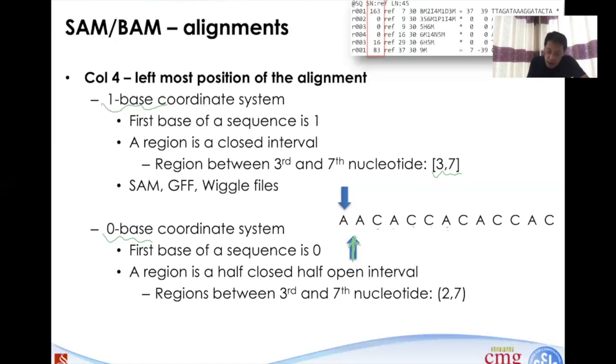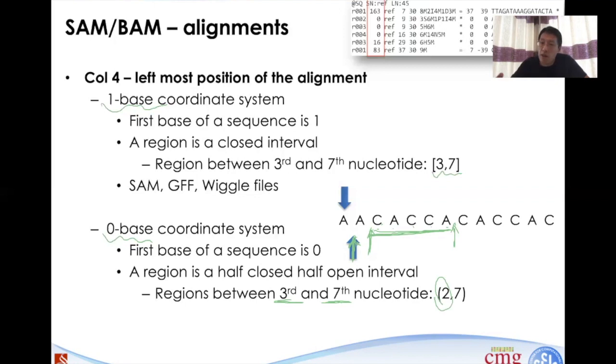For example, the region between the 3rd and the 7th nucleotide is from here to 3, 4, 5, 6, 7, from here to here, which is the second gap all the way to the 7th gap, and this represents the nucleotides from the 3rd to the 7th nucleotide. So you start from 2.